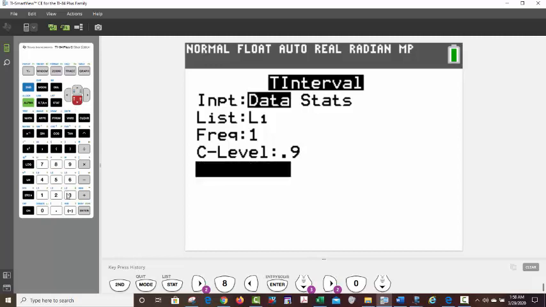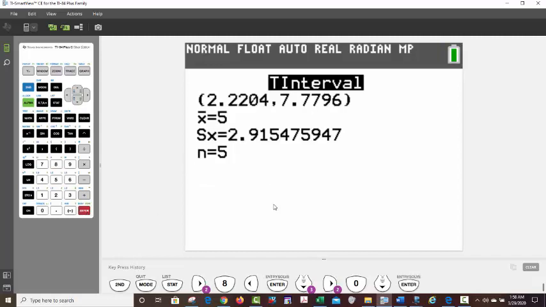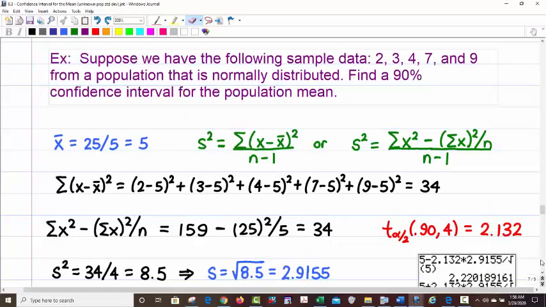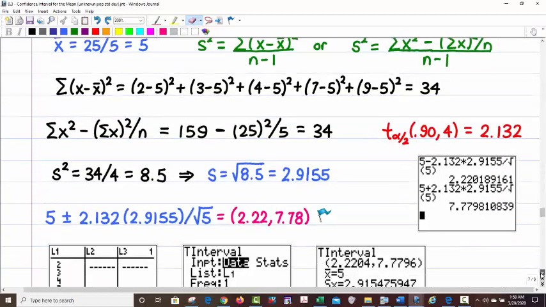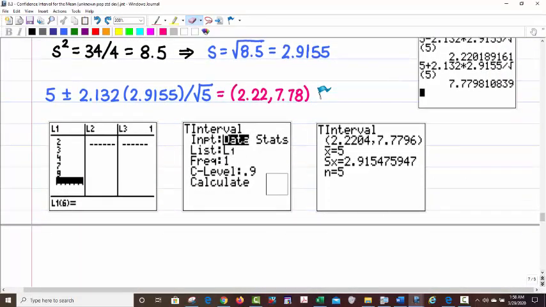And like I said, if I ever decide to do it in future exams, future semesters, I mean. Calculate. And there it is, 2.22 to 7.78. It's telling you the mean and standard deviation right there, just for grins. And there's the same input there. I just wanted to show you that, because we haven't done it that way before.